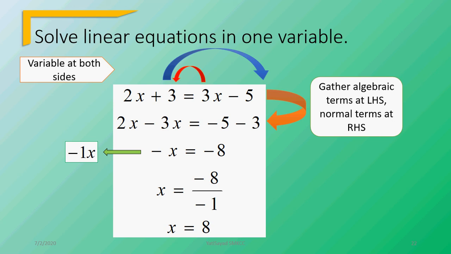So the original question, you have 2x plus 3 equals 3x minus 5. When you gather the algebraic terms, all the algebraic terms on the left hand side, meaning you have to change this 3x on the right hand side to the left hand side. 3x over here is a plus, so when you change its side, it will become minus.